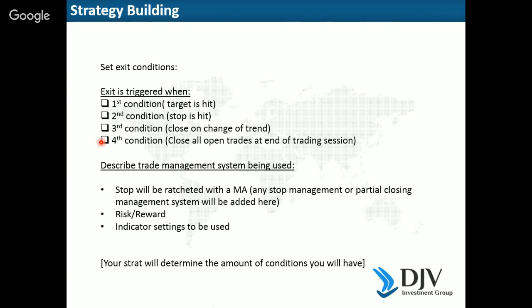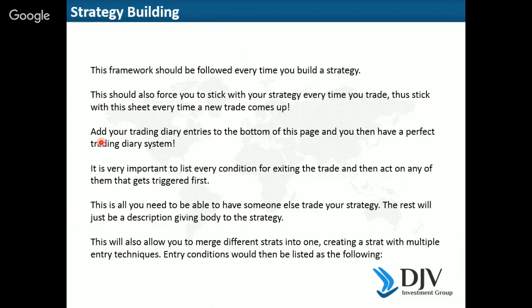Basically, this is all you're going to need in order to have someone else trade your system for you. That's the beautiful part of it. Remember what I said in some of the webinar sessions: you want to be able to put a system together, and with the way you've worded it, you should be able to give that system to any stranger, give them access to your account, and have them trade it the exact same way that you would.